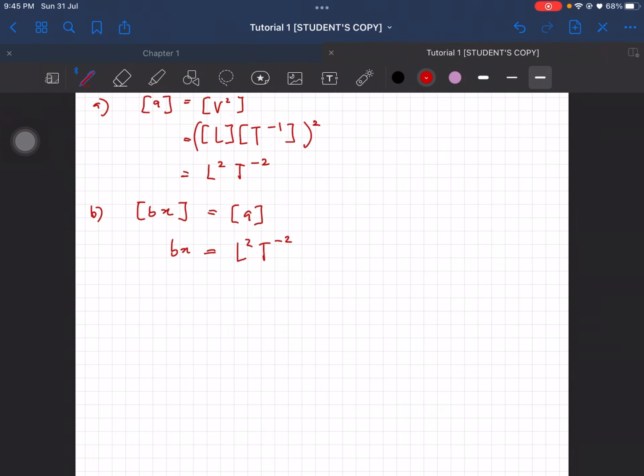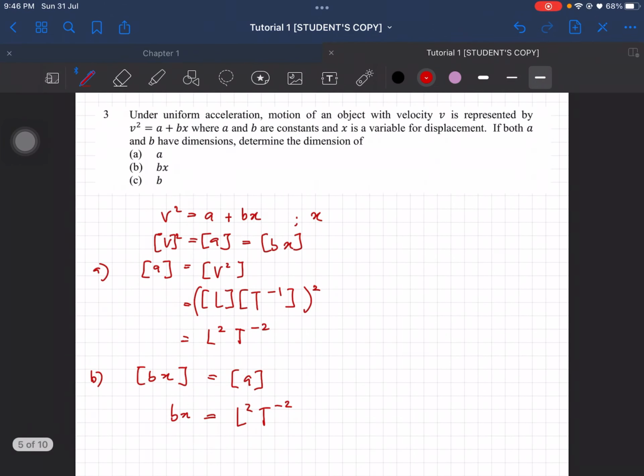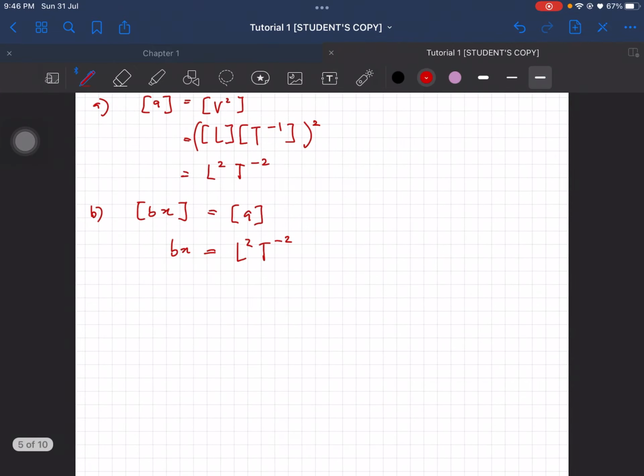So the answer is like that: bx is equal to L square t to the power of negative 2. Right? And then for question c, we are going to look for b only, which is this one. So for b only, we are also going to use bx equal to a. So that is bx equal to the dimension of a.